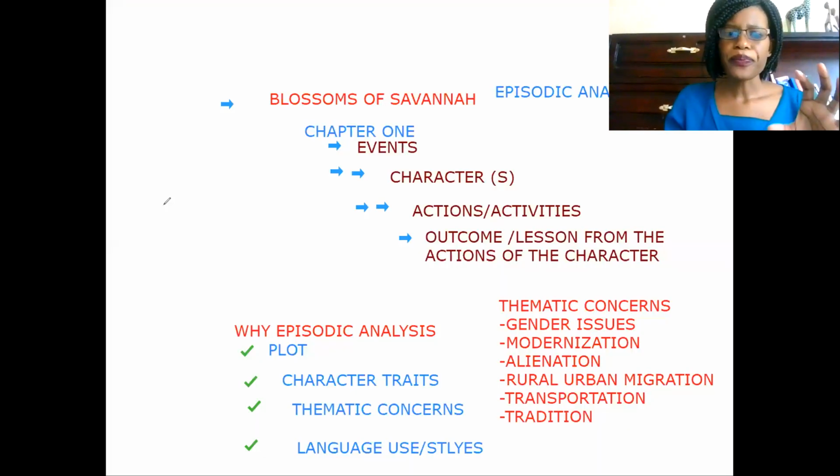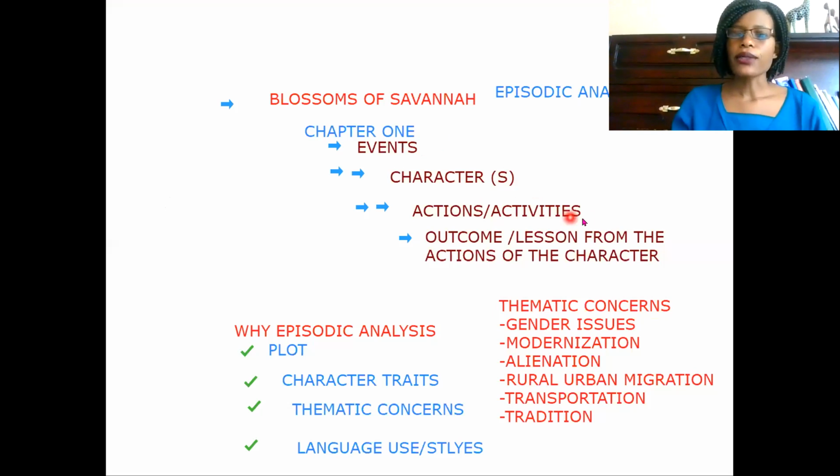From the event, we can learn of the characters, what the characters are saying, the actions that are taking place and the outcomes.